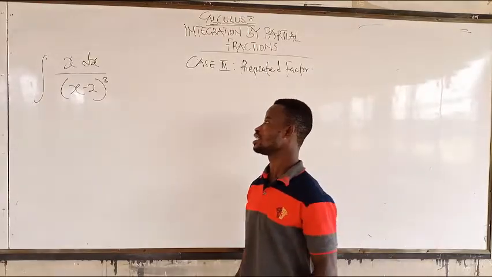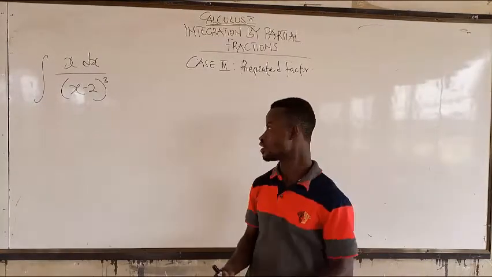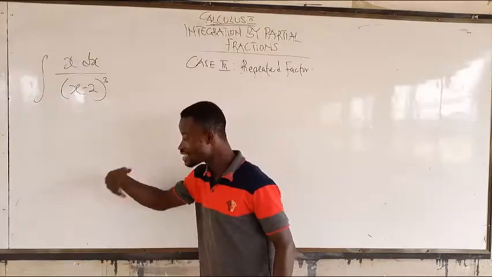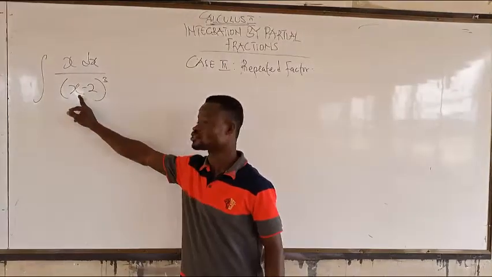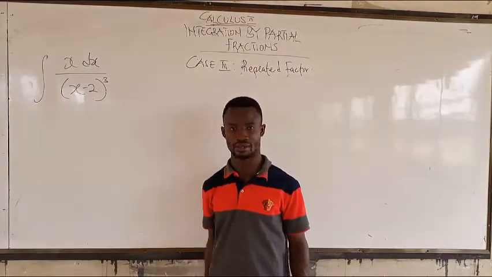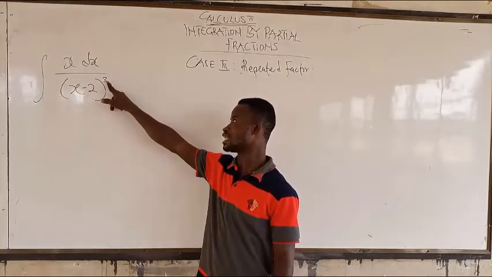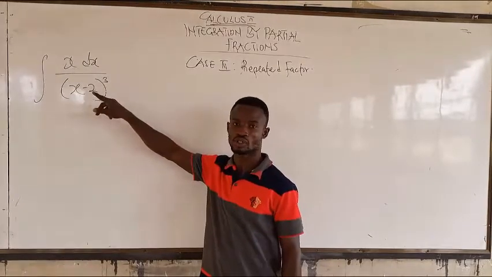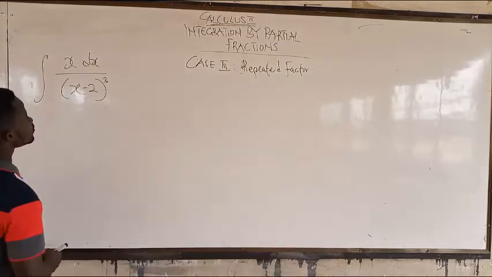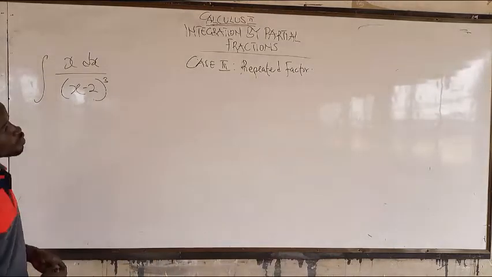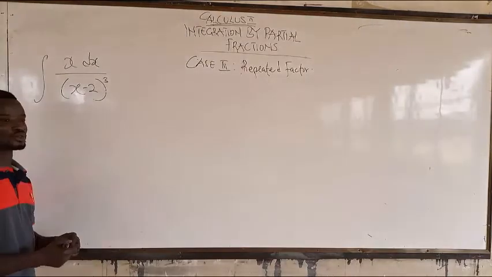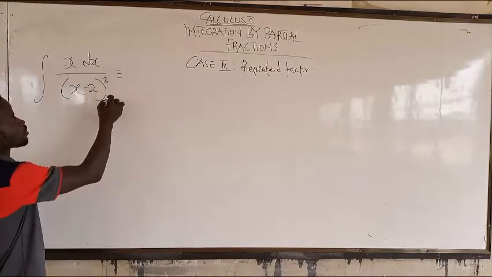It's not 1. To see it clearly, you have to expand and simplify this. You will definitely get a degree higher than 3 because of the quantity. So the power of the numerator is less than that of the denominator. So you can now express.